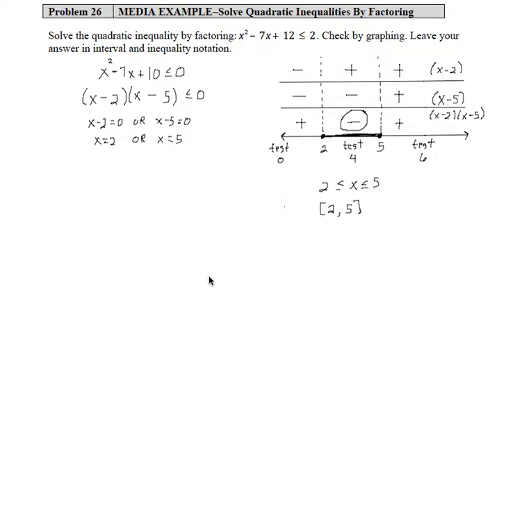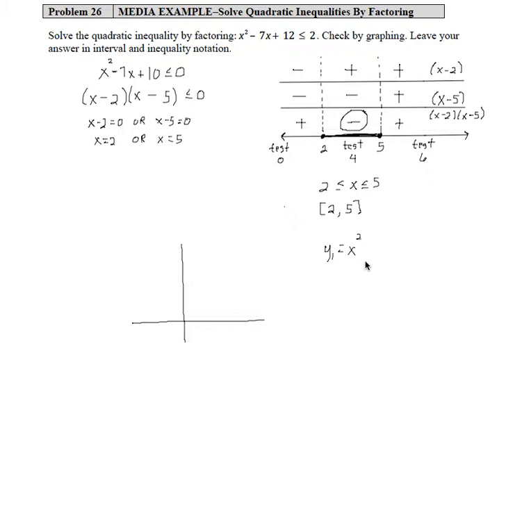Now, if we want to test this by graphing using our calculator, then what we're going to do is to graph y1 equals x squared minus 7x plus 10, then y2 equals, actually, let me back that up a little bit.